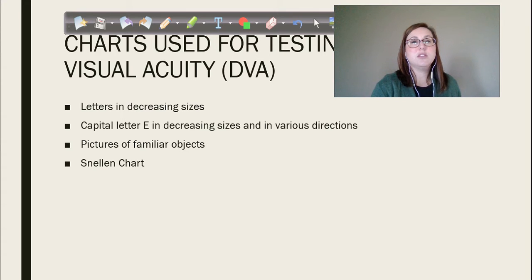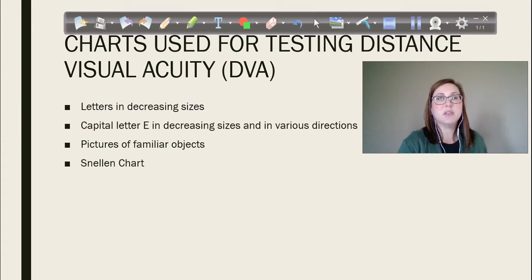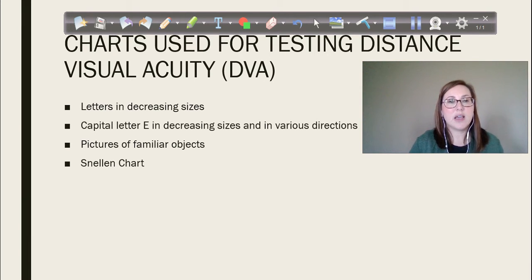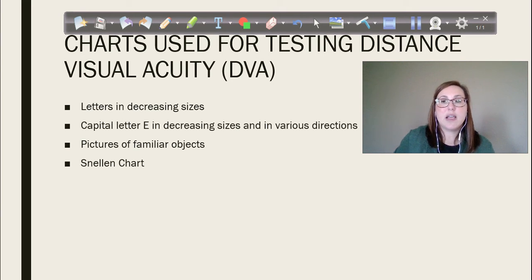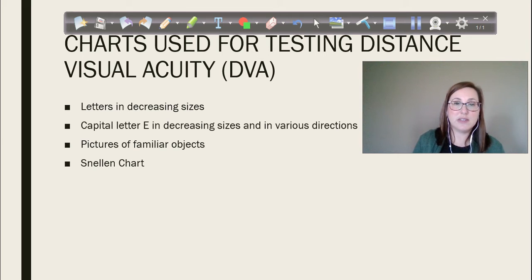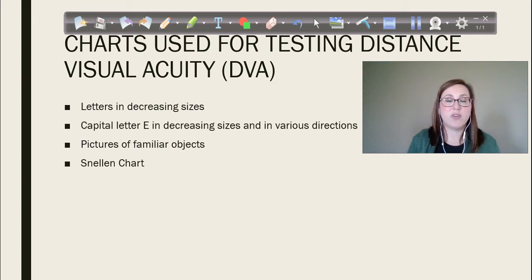The charts used to test distance, the common one being this bottom bullet point, is the Snellen chart. It's letters in decreasing size, and it usually starts with a capital letter E. These are the different types of charts used. The capital E can also be used in different sizes, pointing in various directions. That's another type of test, as are pictures of objects.